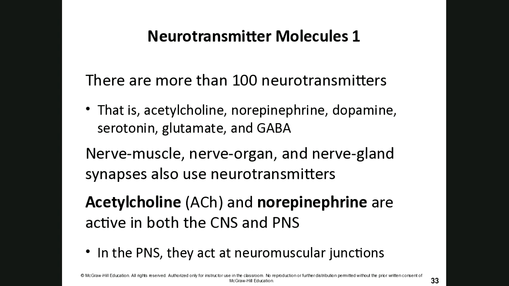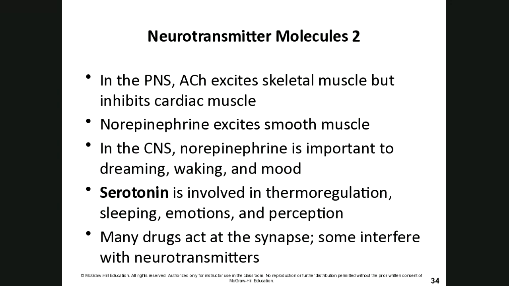Both acetylcholine and norepinephrine are found in both the central nervous system and the peripheral nervous system. Acetylcholine in the peripheral nervous system acts at neuromuscular junctions. Norepinephrine also has a very similar role. So in the peripheral nervous system, acetylcholine excites skeletal muscle. However, the point I want to make is that the neurotransmitter is the neurotransmitter.